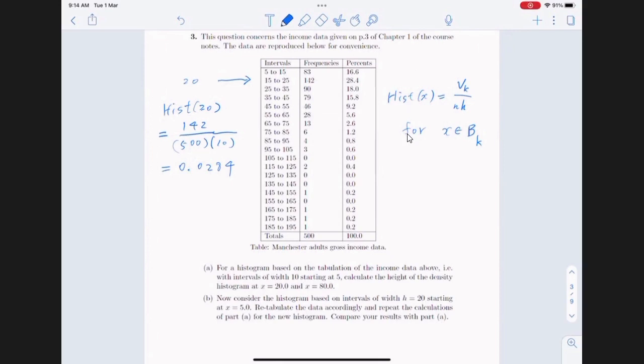At x equal to 80, we locate this interval. The density histogram at 80 is equal to the count, which is 6, divided by the sample size and the width, and we obtain the density at the point 80.